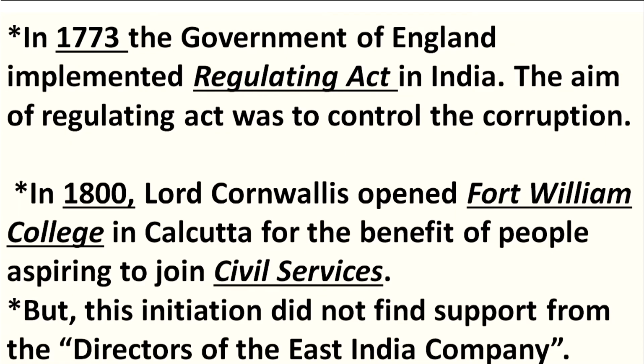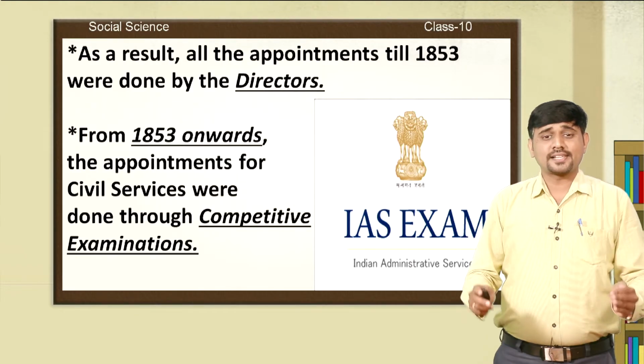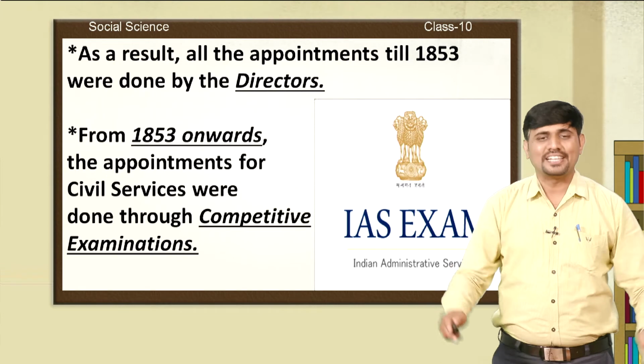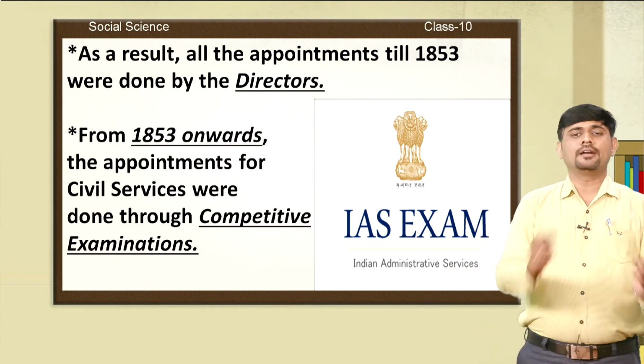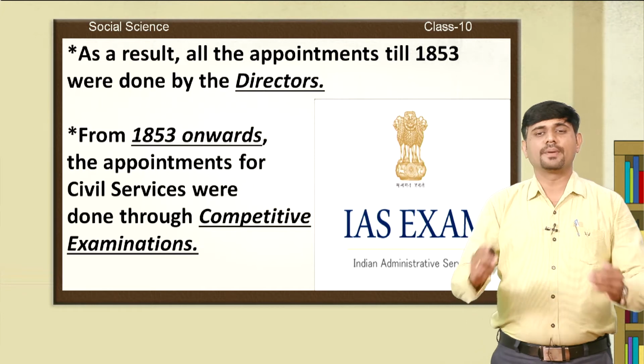But this initiative did not find support from the board of directors of the British East India Company. Initially they did not support. As a result, all the appointments till the year 1853 were done by the directors in the British East India Company government.